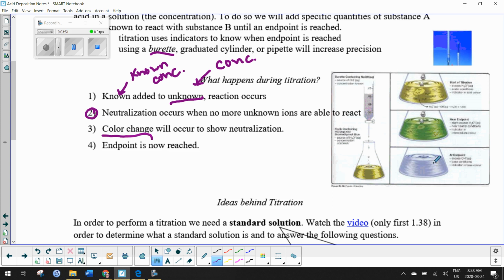As soon as it starts turning blue, you have to stop, okay? Because that means you have an equal number of your acid versus your base, and it has been neutralized. If you add more, then you're going to have more of your unknown in your Erlenmeyer flask, this beaker-looking object.